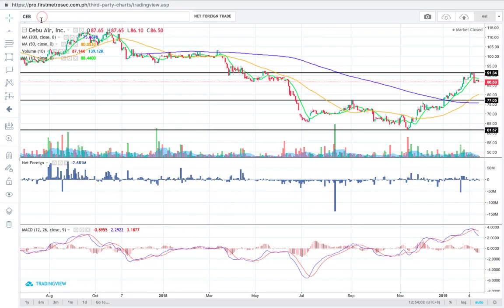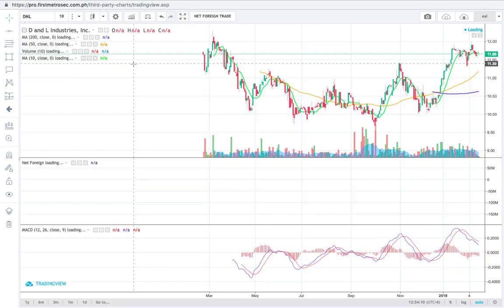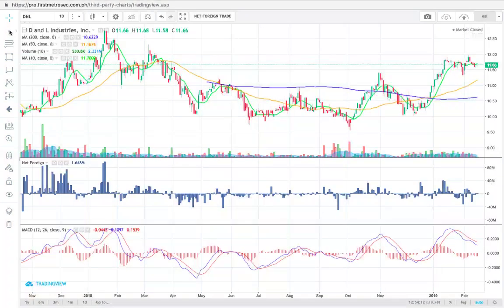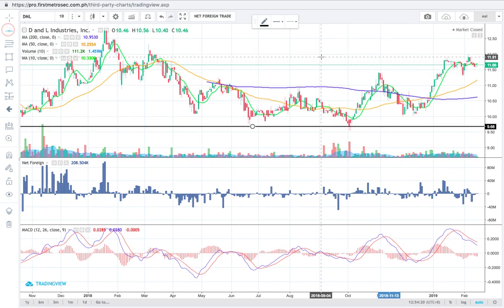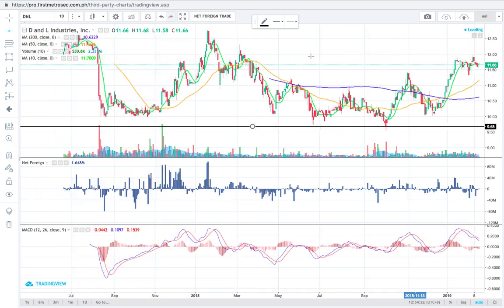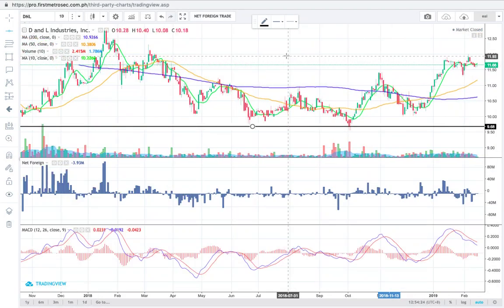What's next after Cebu Pacific? Okay, let's try DNL. Where do you think I should plot the support of DNL? Major support is somewhere near 9.68. Resistance, where should I put it?